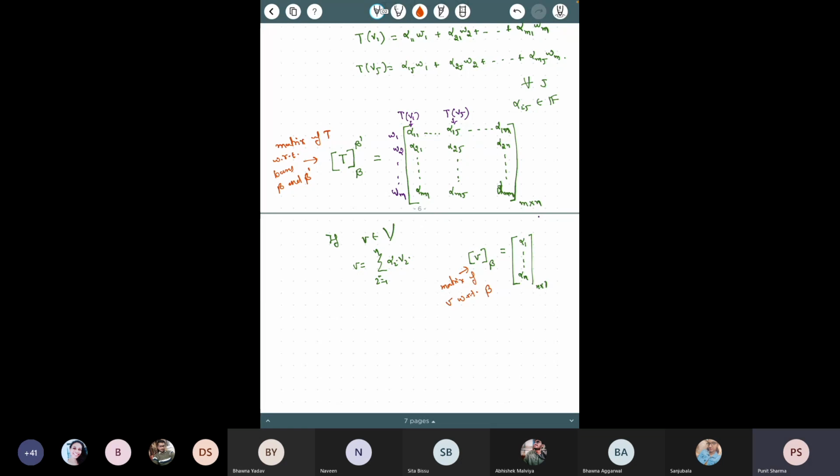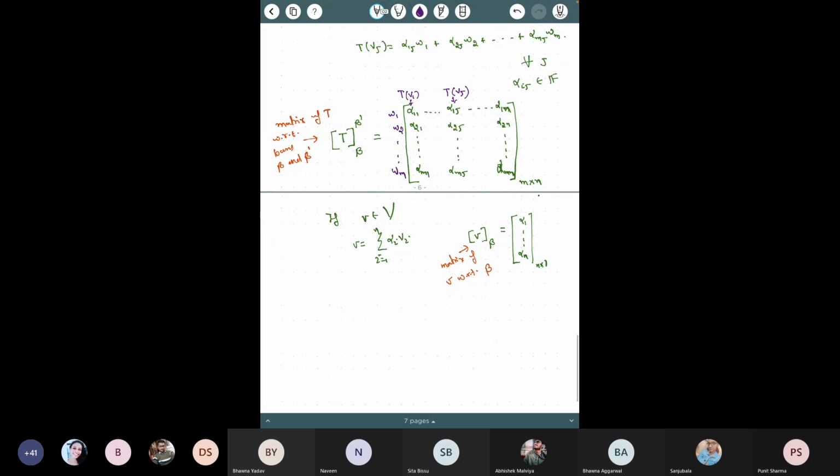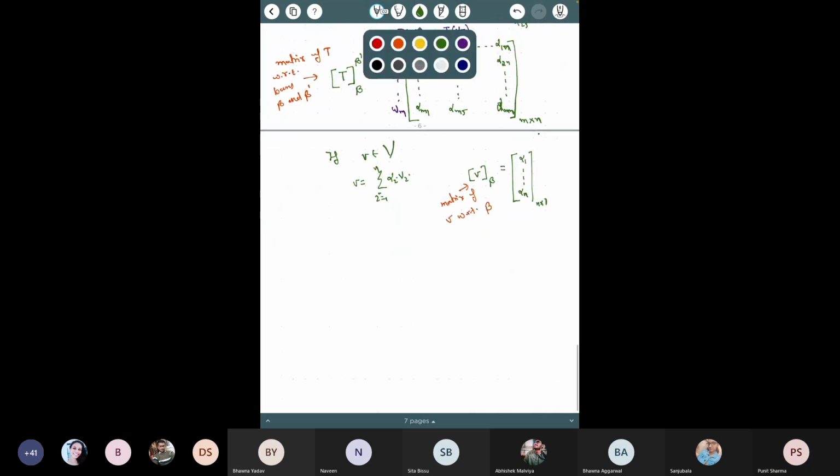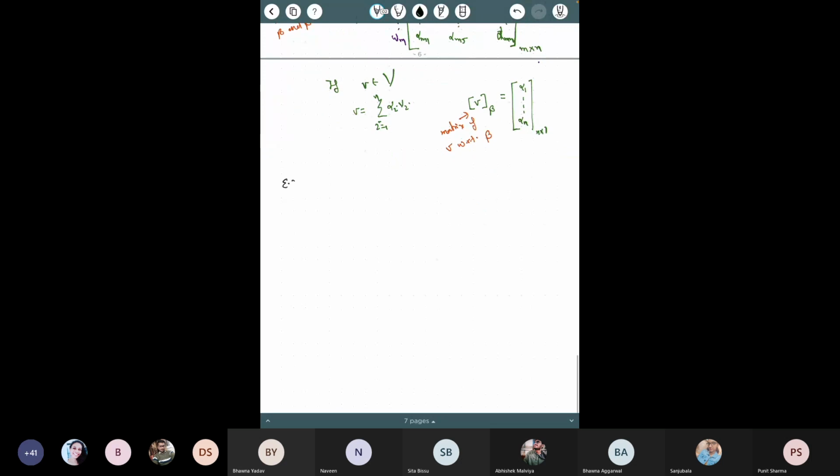All right. So for example, let us take one example first. Consider this linear transformation from P3(R) to P2(R), so all polynomials of degree less than or equal to 3 to all polynomials of degree less than or equal to 2.